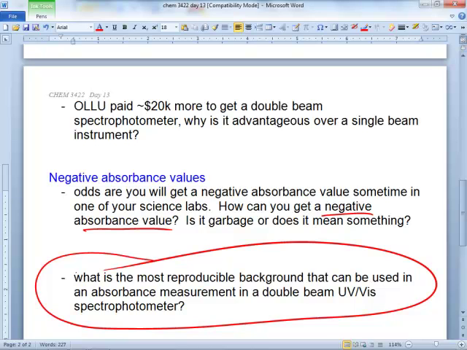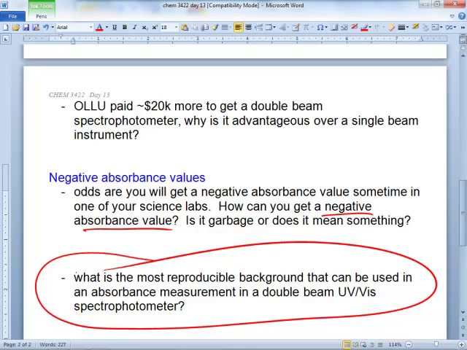Now, there is a time when you'd want to put something in the reference cell. Let's say you're looking for some dye that's just killing all the little fishies in Elmendorf, and this dye is way in the blue region.